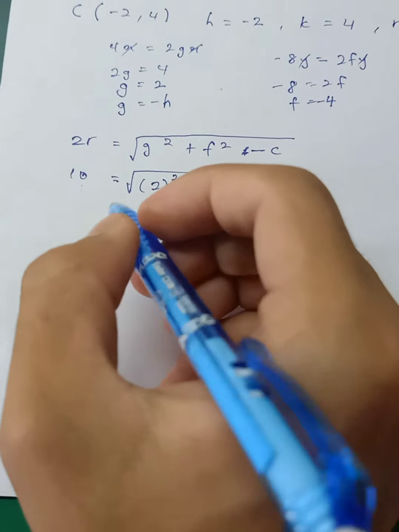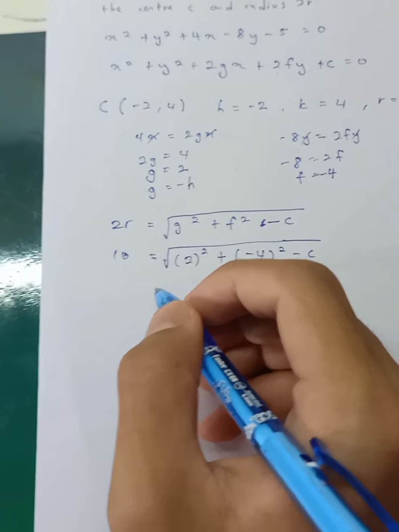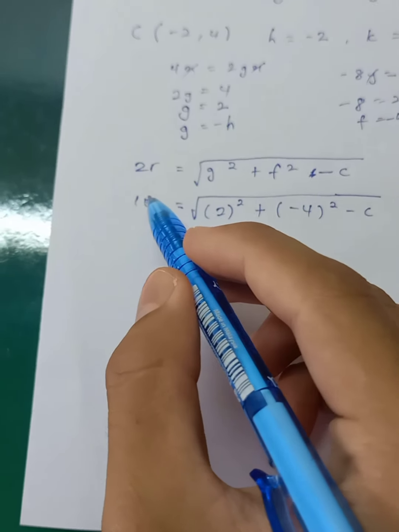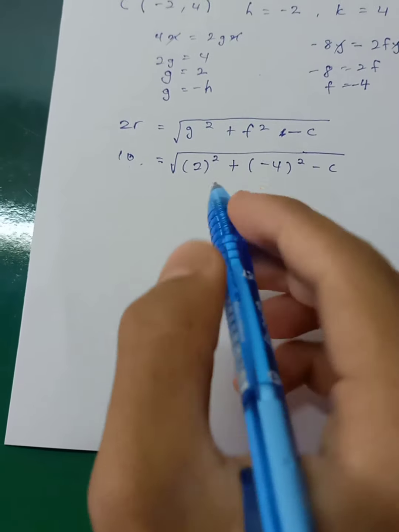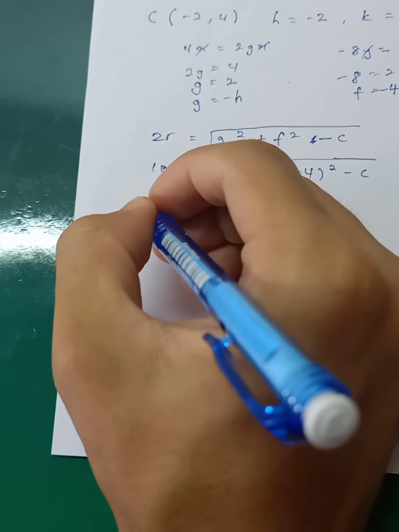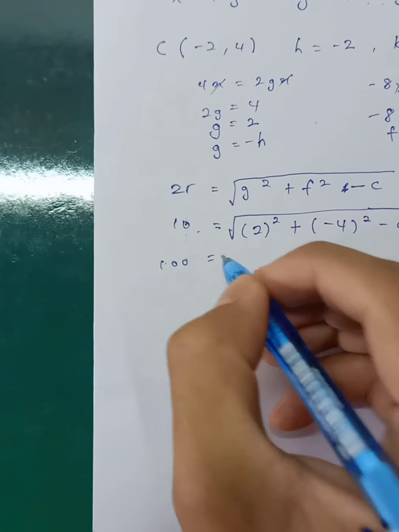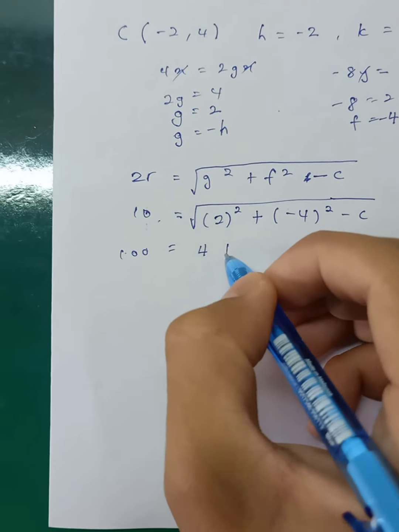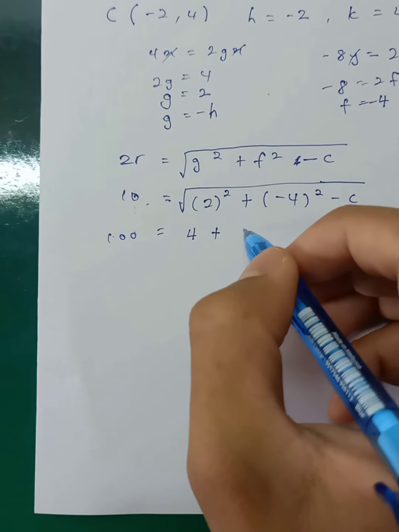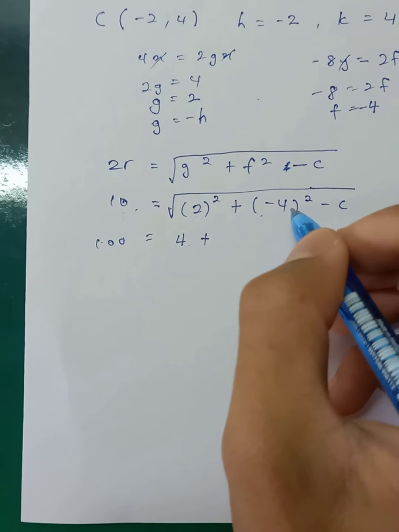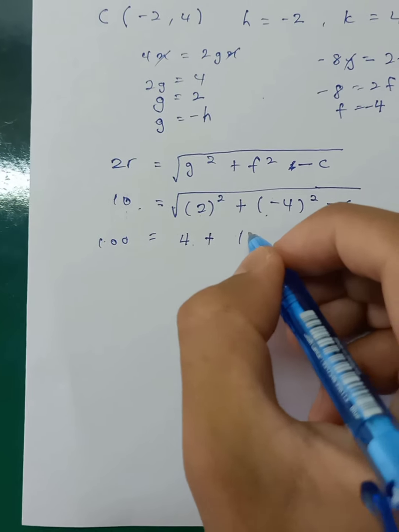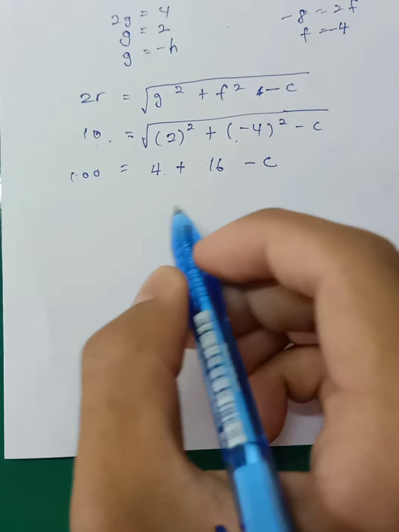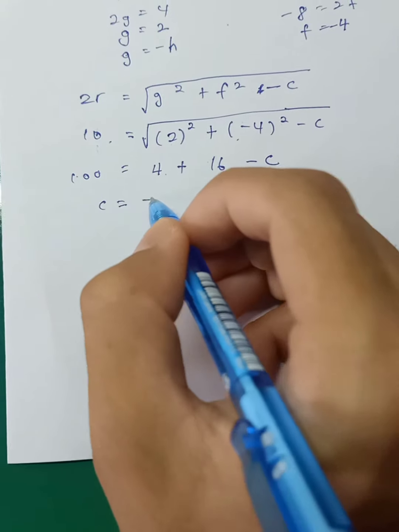Then we square both the left and right side, and we get 100. 10 squared is 100, the square root will be removed, and 2 squared plus negative 4 squared will get 20 minus c.